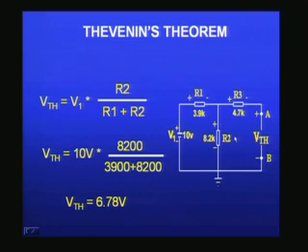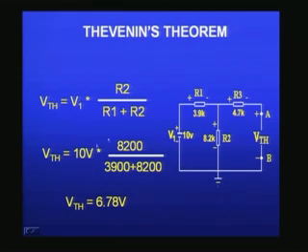So, let us do that. V Thevenin therefore will be equal to V1, the applied voltage, which is here 10 volts, multiplied by the R2 divided by R1 plus R2, because R1 R2 form a potential divider. And so, V Thevenin is equal to 10 volts, because V1 is 10 volts, and R2 is 8.2 K, therefore 8200 divided by 3900, which is the value of R1, plus 8200, which is R2.